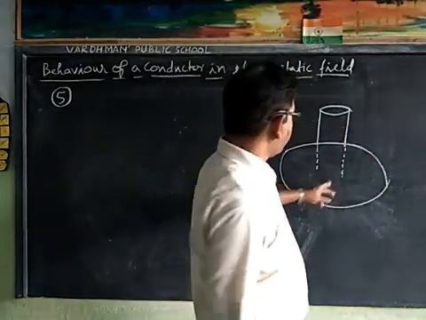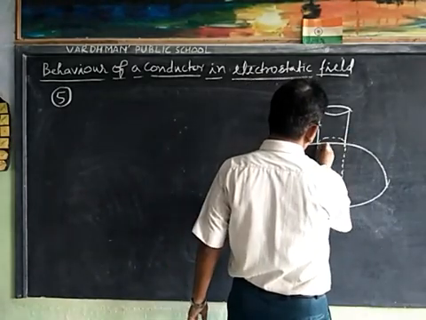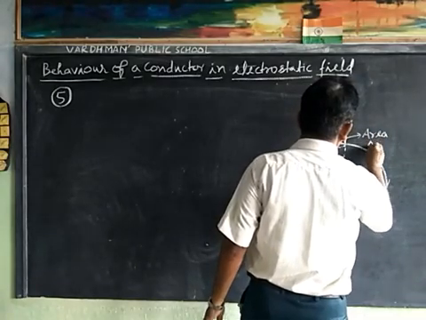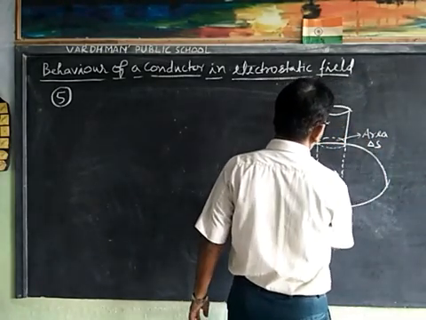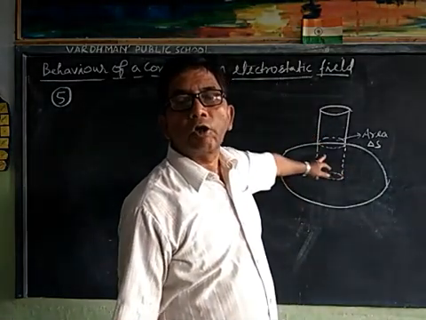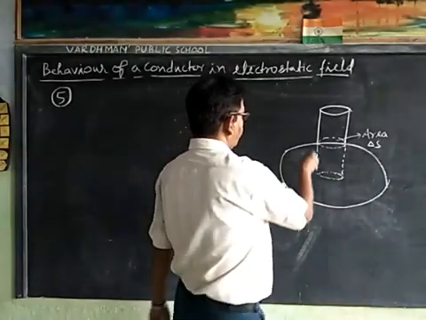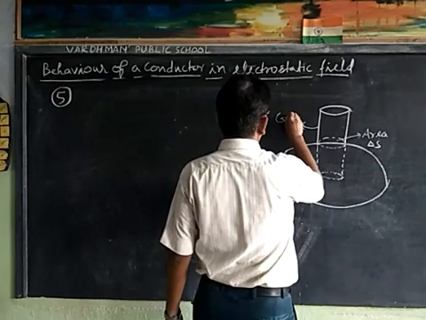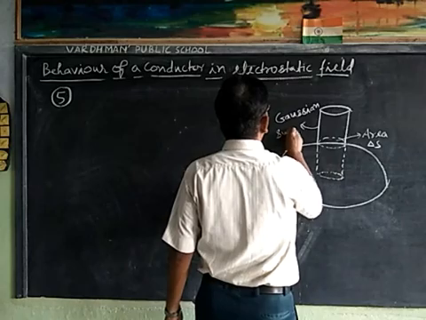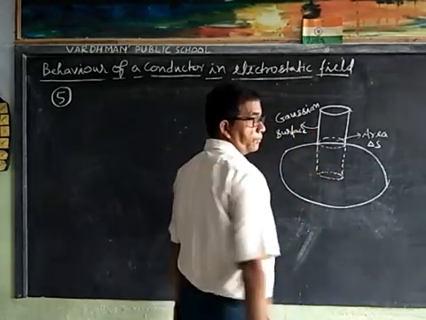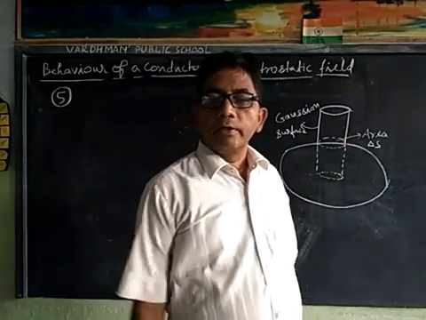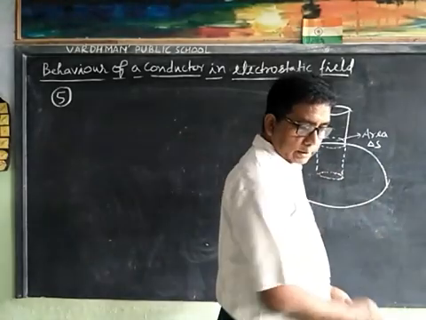This is the surface of area delta S. This is the Gaussian surface, and its area is delta S. This is the surface of the conductor.